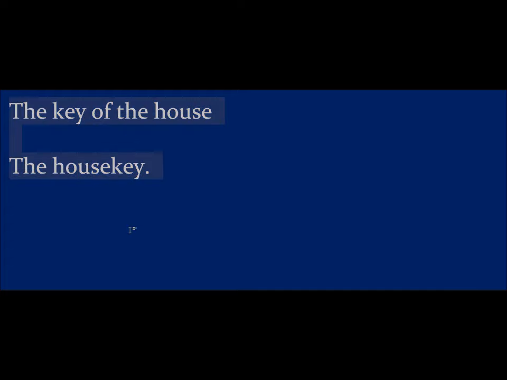Now, if I'm going to give you a formula, you know that the x of y construction in Turkish goes: the first one is y, and then I add n if it ends in a vowel, and then in, because this is the possessor, and then I add x. If it ends in a vowel, I add s, and then the possessed ending. So this is how the construction is.